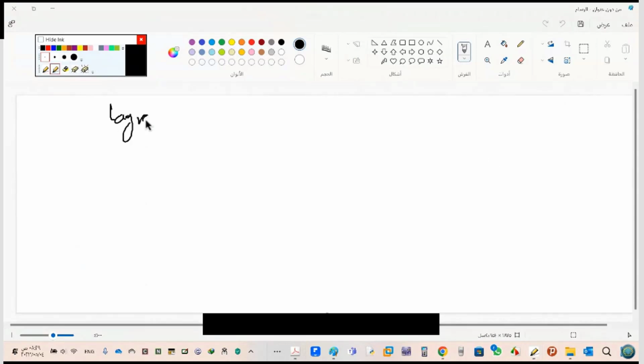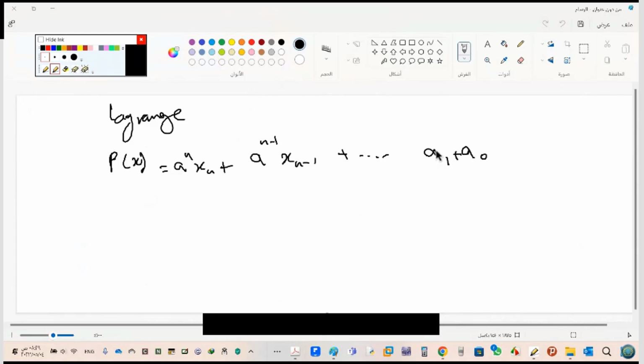For Lagrange, we said I want to find P(x). So P(x) was a_n x^n plus a_(n-1) x^(n-1) plus ... plus a1 x plus a0. If I want to find degree number 2, I need to find 2 points. For degree number 3, I need 4 points.